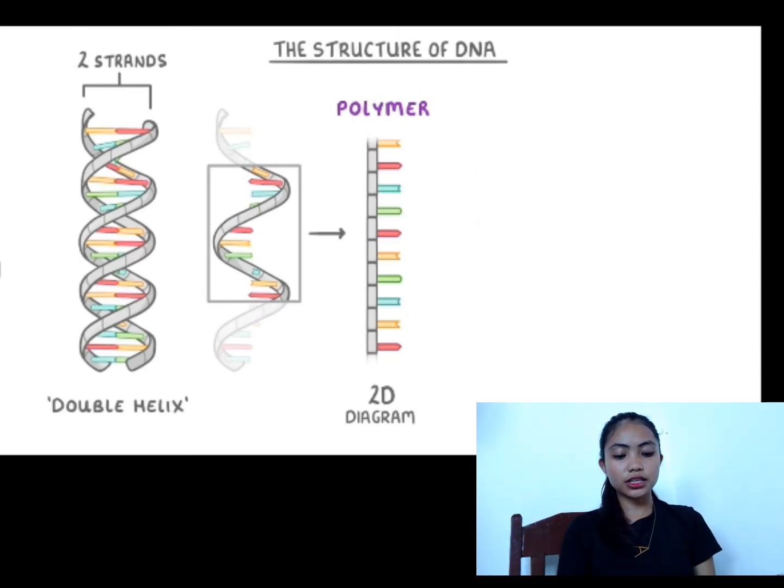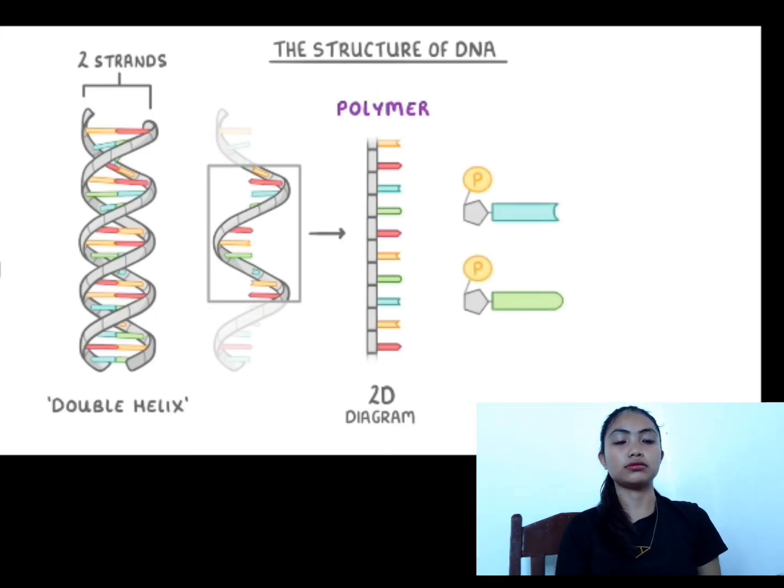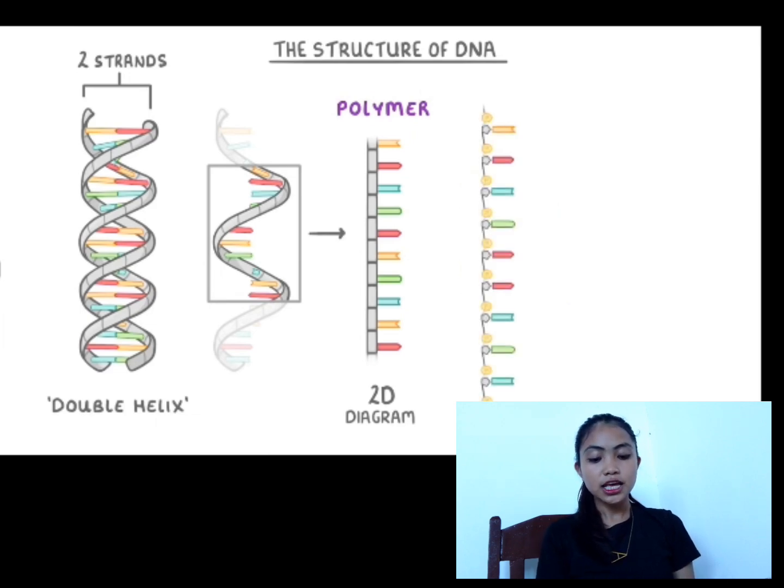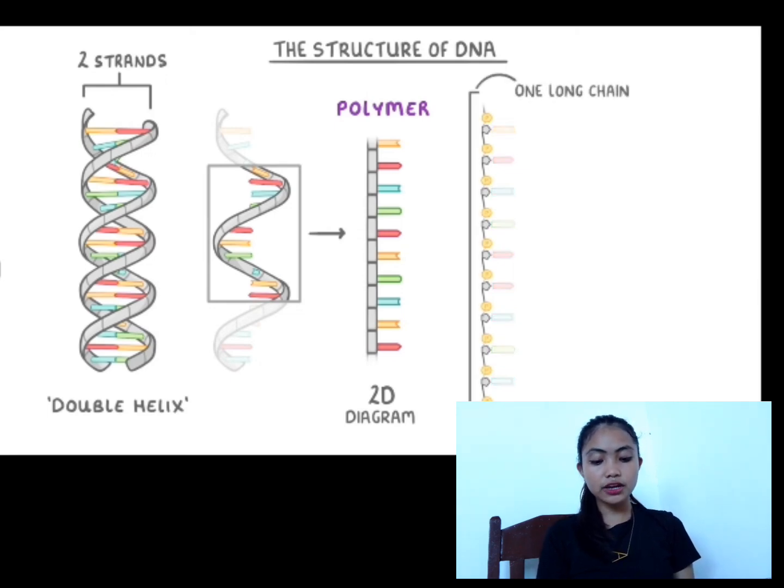If you take a look at these 2 nucleotides here, we can see how they're combined together to form a polymer. Basically, the phosphate of one nucleotide bonds to the sugar of the next nucleotide. And this process then keeps repeating for thousands of nucleotides, so that the sugars and phosphates form one long chain, which we call a sugar-phosphate backbone.